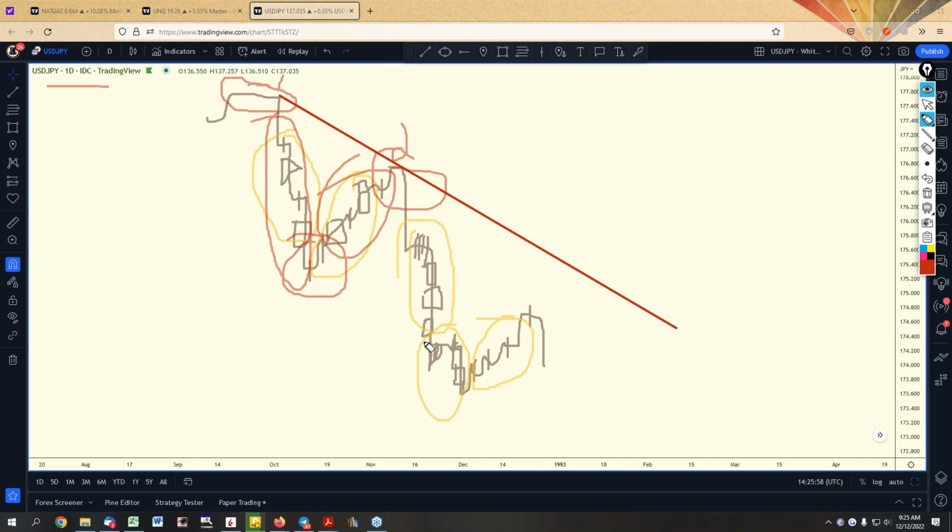But you see these type of structures in these areas here, then you start to think to yourself, well, wait a minute, is this being created on this time frame? Is this what typically happens when these structures are being created on this time frame? The answer is no.